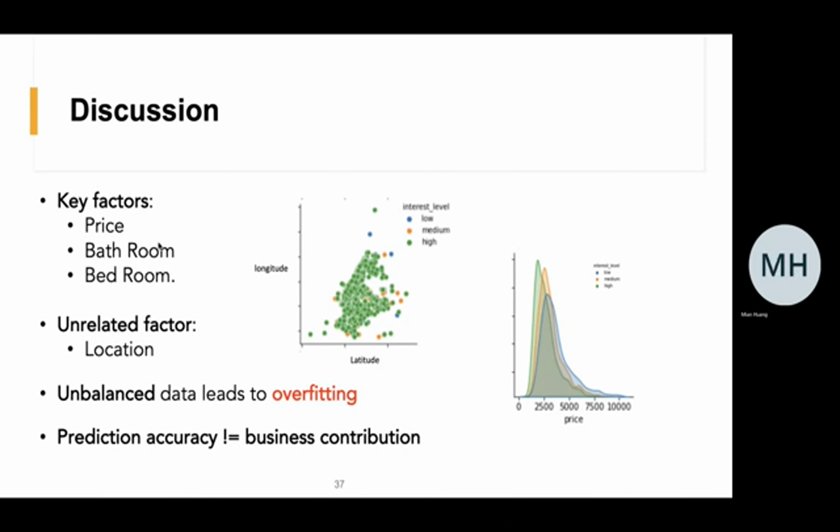But when we visualize the data in this scatter graph, the high interest level fills all the areas. So we think the location didn't influence the final results very much.